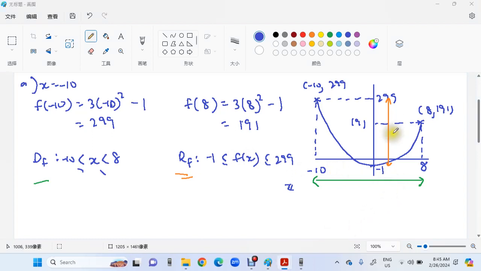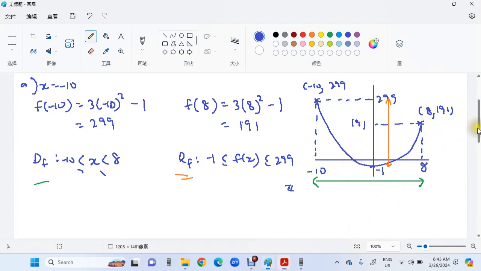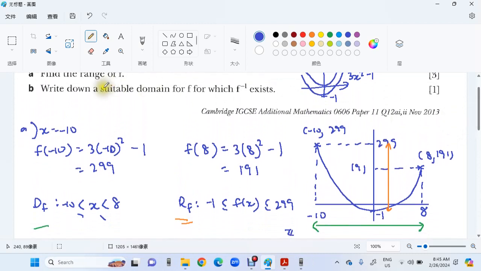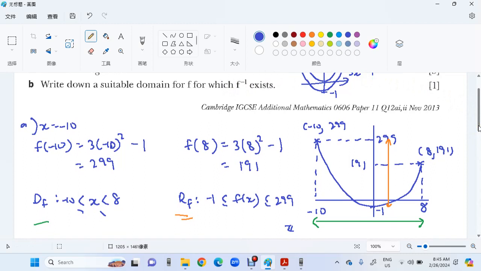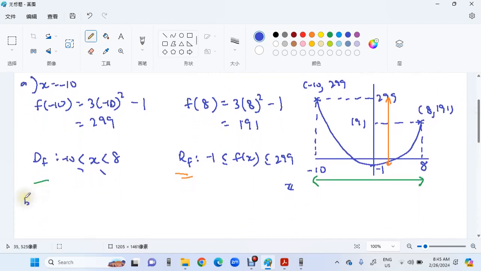For part B, write down a suitable domain for f so that f inverse exists. To have the f inverse, the graph must be one to one. Only a one-to-one graph has an inverse.